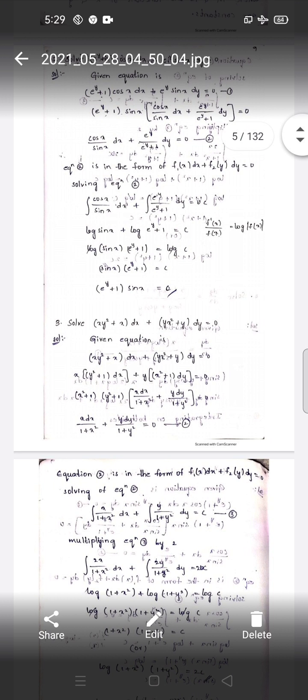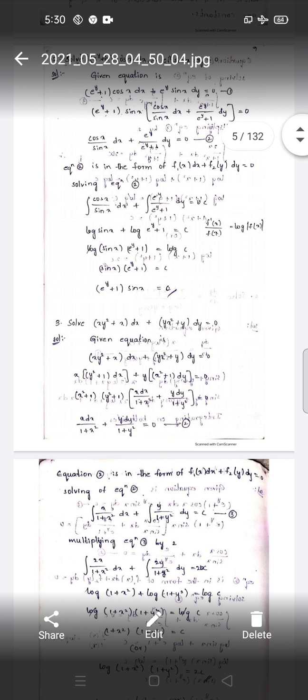This is equation 2, which is of the form f1 of x dx plus f2 of y dy is equal to 0. So the second condition is complete.